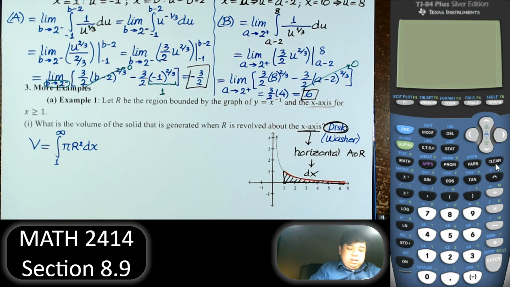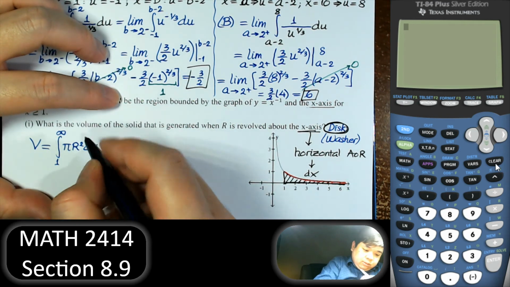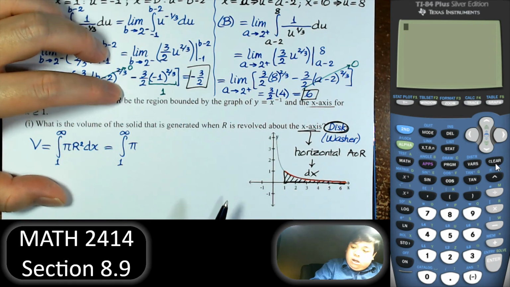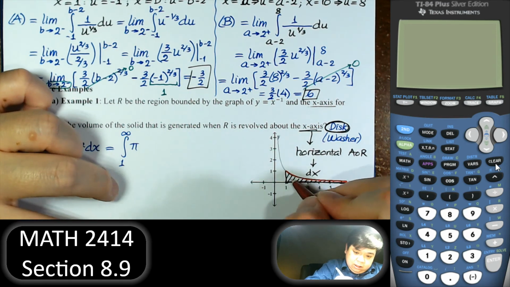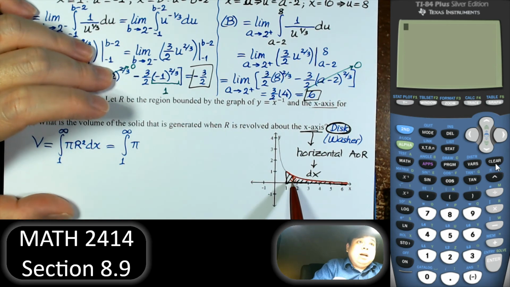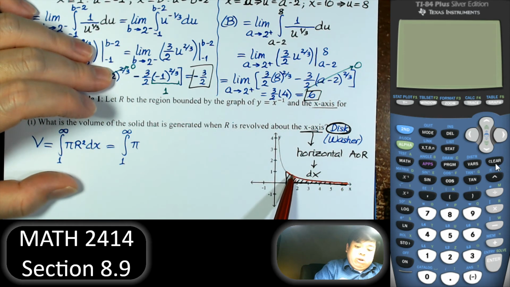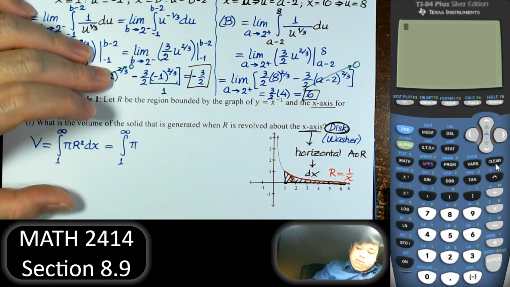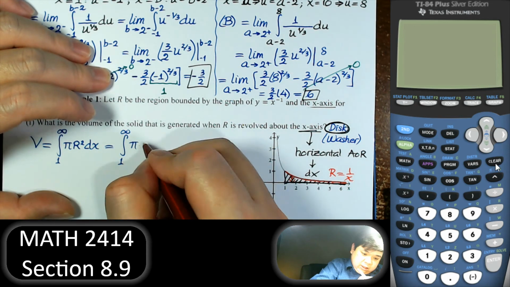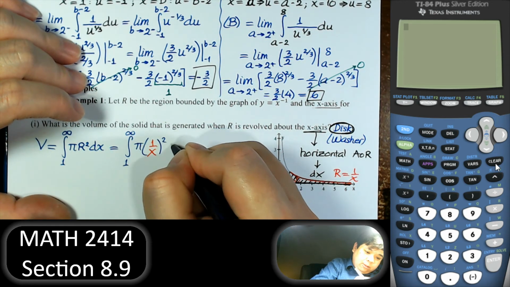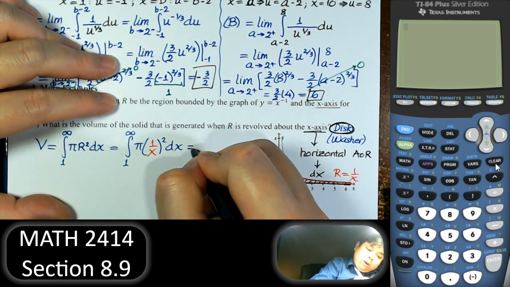So it's just one radius. Then we put everything into it. R is from the axis of rotation to the edge of the graph, so R is equal to the function, which is 1 over x. We substitute in here, and I will take out the pi.